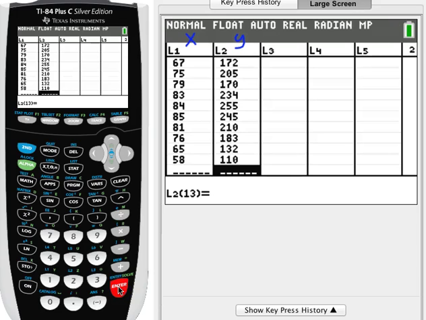So you want to get both lists complete: X is in list 1, Y values in list 2.